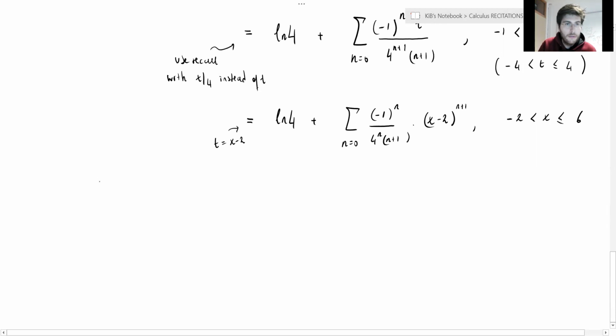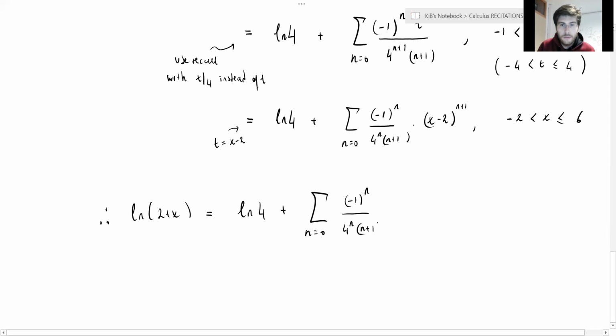Therefore, to sum up, logarithm of 2 plus x has this Taylor series representation, starting from n equals 0, minus 1 to the n, x minus 2 to the n plus 1, over 4 to the n plus 1 times n plus 1.